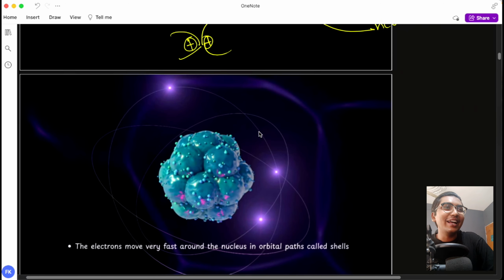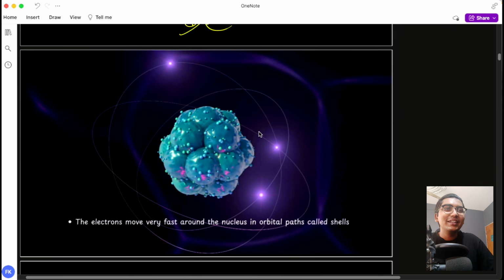Now let's look at electronic shells. Electrons move very fast around the nucleus in orbital paths called shells. This line you are seeing is basically an imaginary line. So electrons actually follow this path.